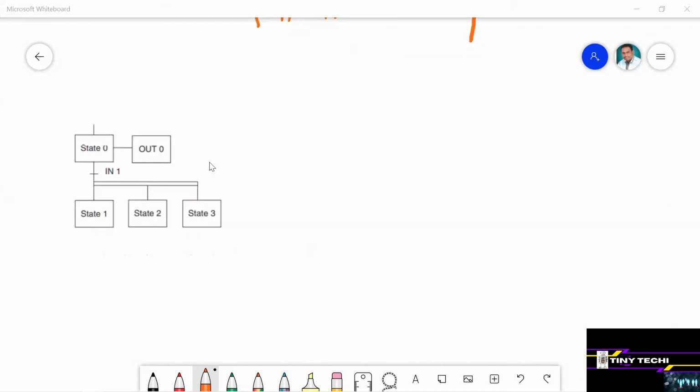Next thing is parallel branching. Here you can see that states 1, 2 and 3 occur simultaneously when transition input 1 occurs. This parallel branching is represented by the double horizontal line.